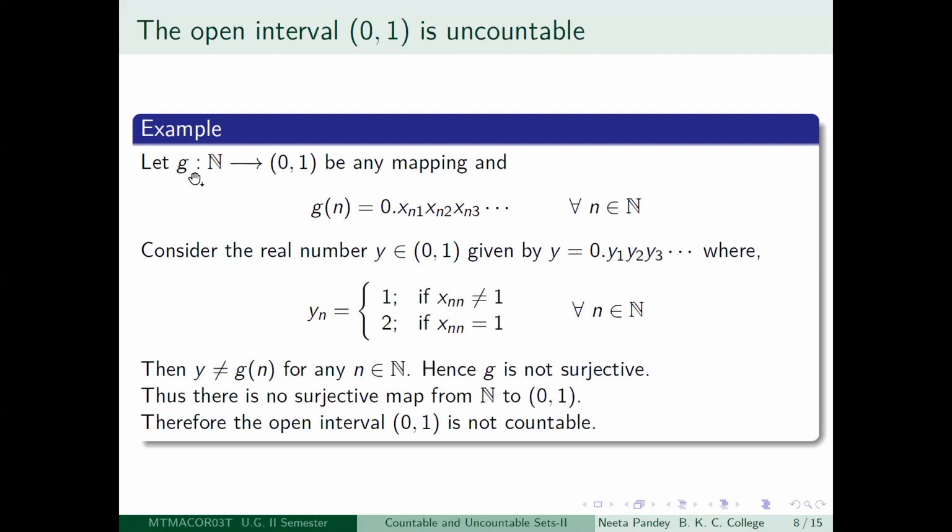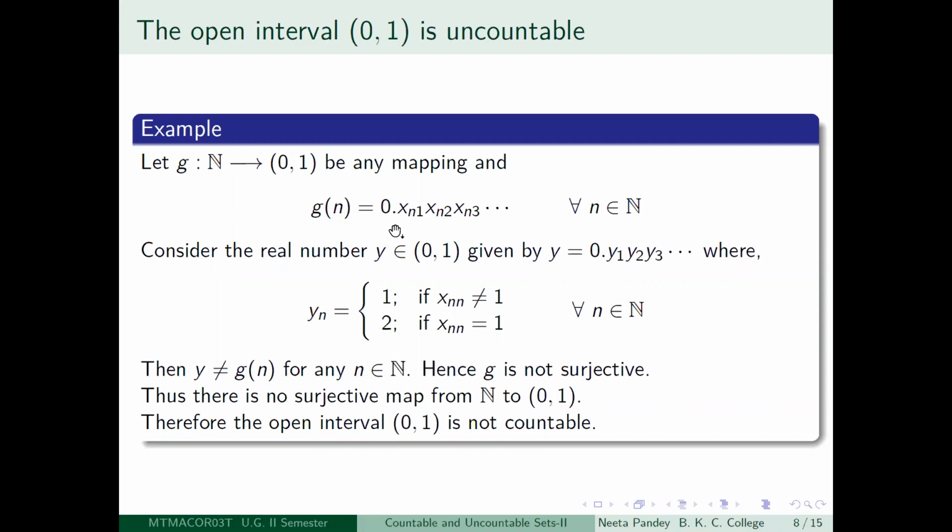You assume that there is; you just take an arbitrary mapping G from the set of positive integers to (0, 1). For every n, G(n) is going to be some real number between 0 and 1, so just give it a name. Suppose G(1) is mapping to 0.x11, x12, x13, etc. G(2) is mapping to 0.x21, x22, x23, etc., and so on.